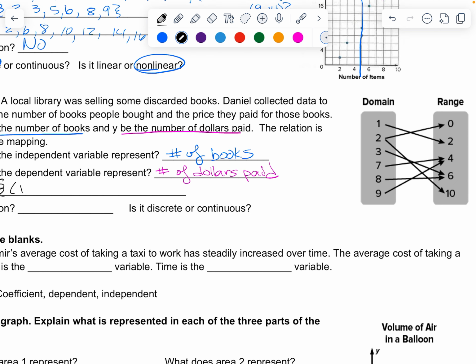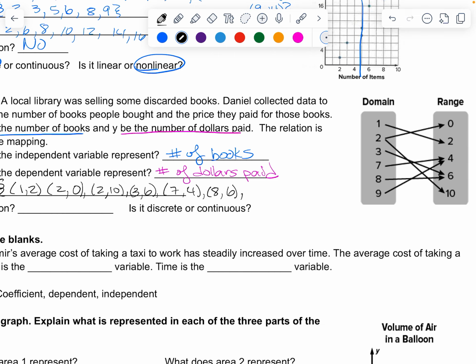So 1 goes to 2. 2 goes to 0. 2 goes to 10. 3 goes to 6. 7 goes to 4. 8 goes to 6.